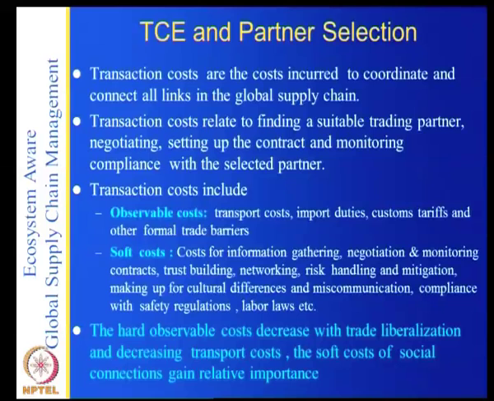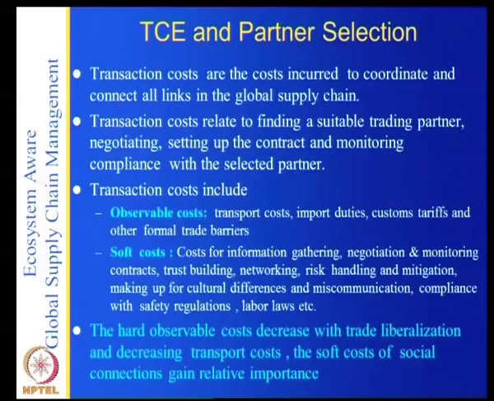If two countries have some kind of a trade pact, then the trade costs can come down, but the soft costs may increase. So, the hard observable costs decrease with trade liberalization and decrease in transport costs.